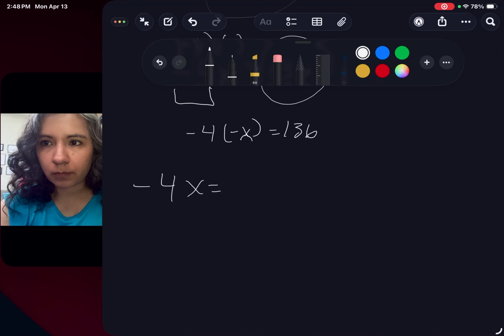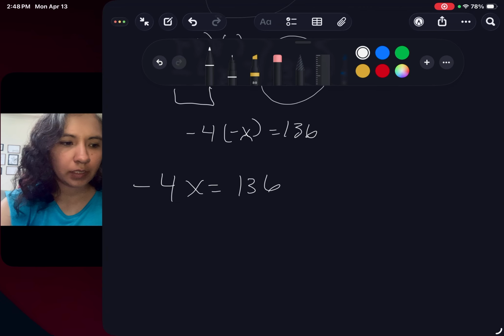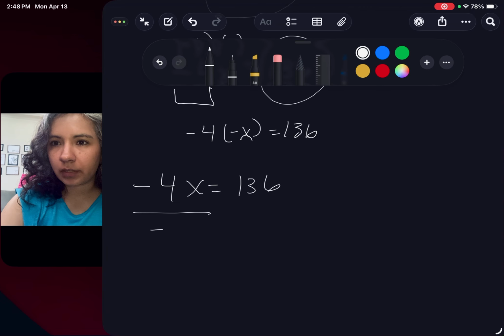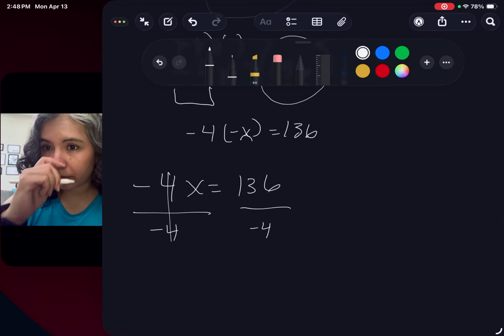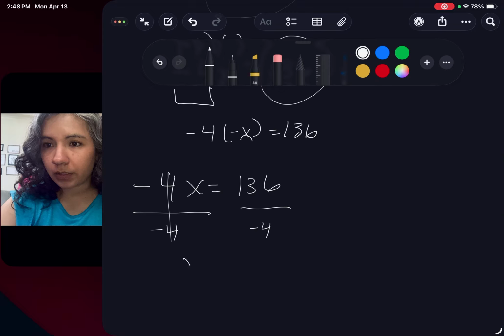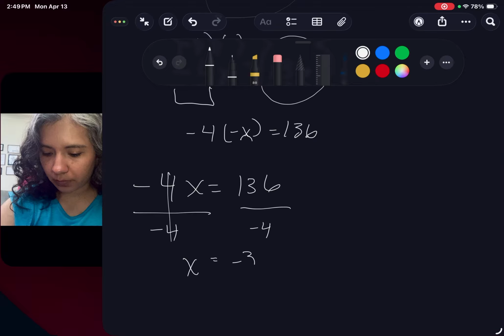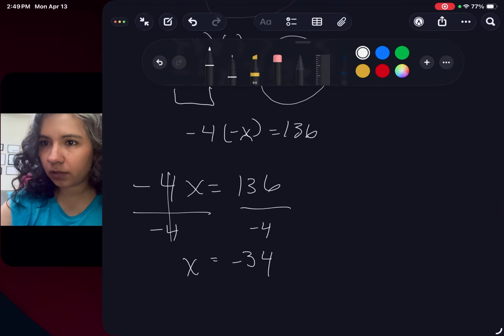Negative 4x equals 136. So we can just divide by the negative 4 on both sides, to cancel out that 4 and get x equals negative 34.